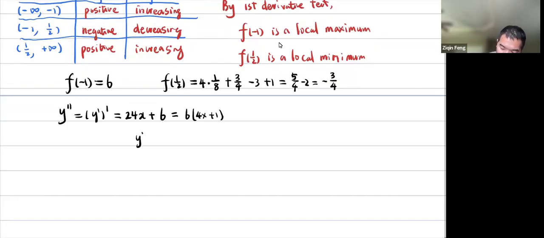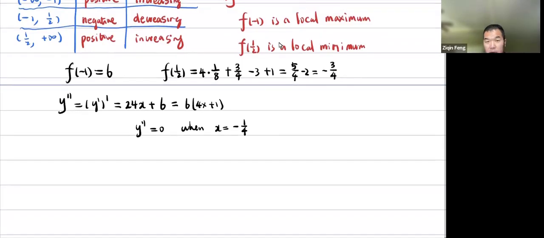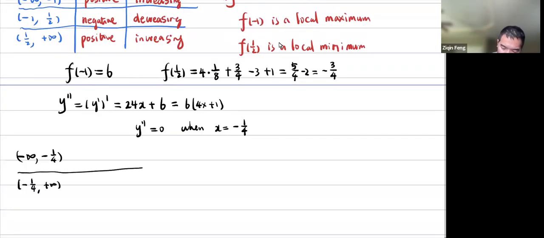So y double prime equals 0 when x equals negative 1 over 4, right? Now you can see that this negative 1 over 4 divides the whole real line into two intervals: from negative infinity to negative 1 over 4, and from negative 1 over 4 to positive infinity, right?